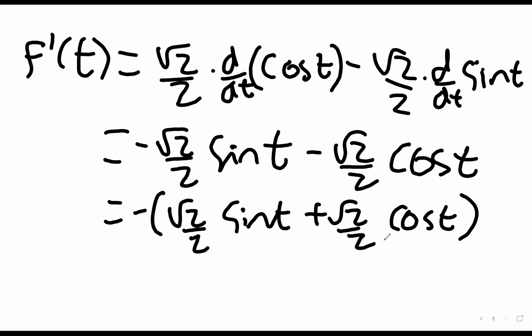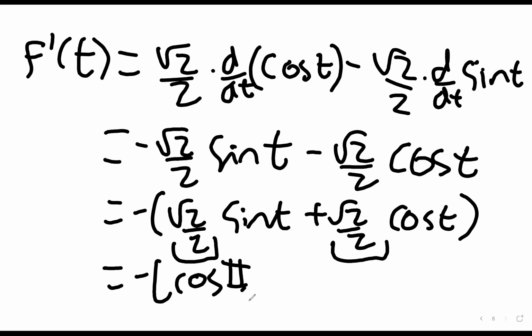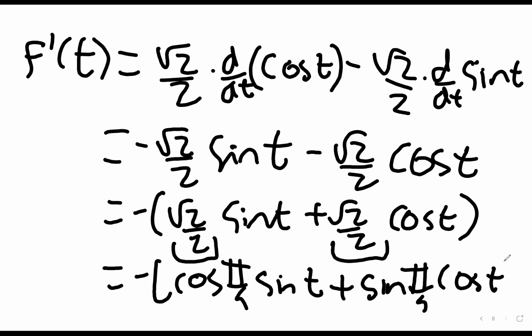Actually, I can write it with cosine pi over 4 or sine pi over 4 as well, and you'll see that this is the formula for the sine of the sum of two angles. Precisely, if I write minus cosine pi over 4 sine t plus sine pi over 4 cosine of t, then it actually equals minus sine of t plus pi over 4.